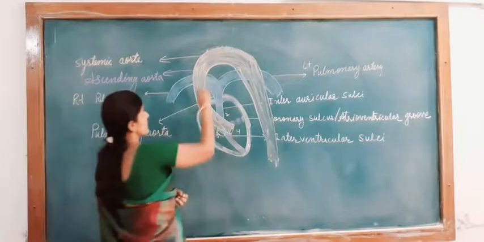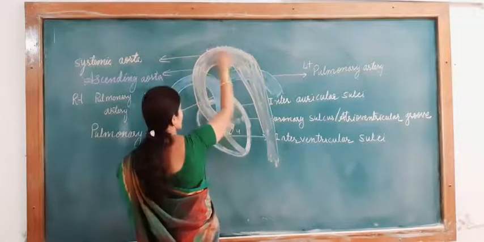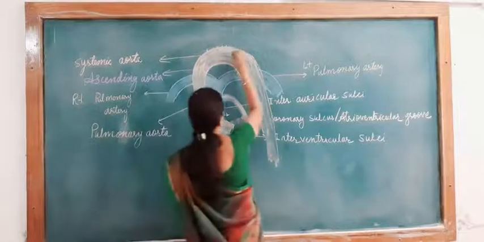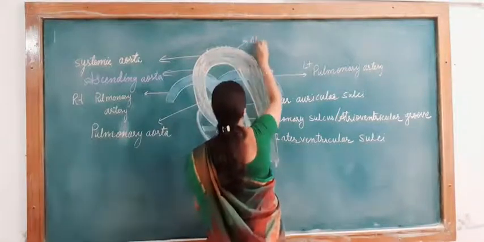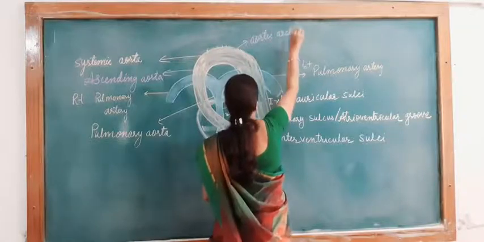And the place from here to here, where there is a curve, an arc, that is called the aortic arc.